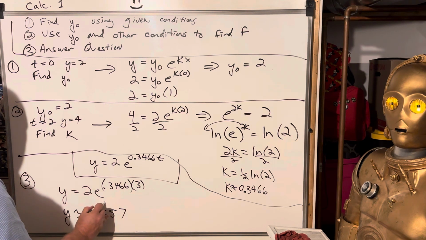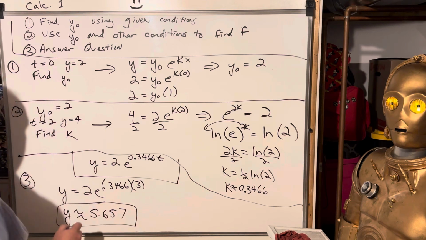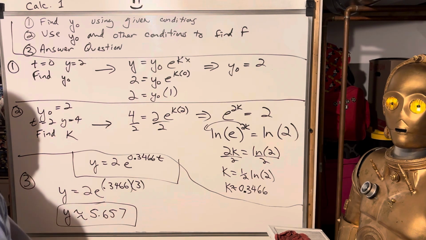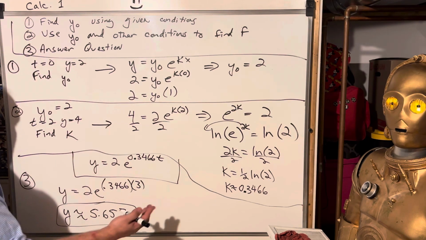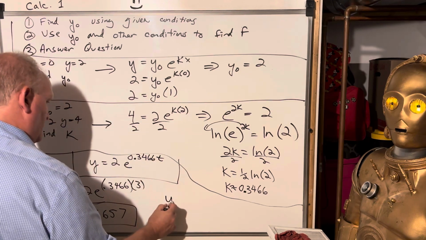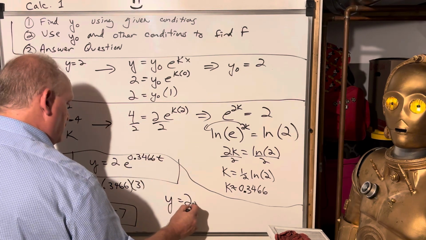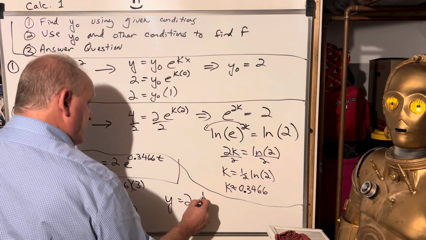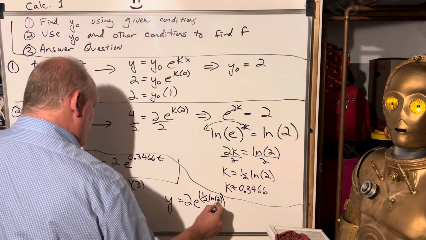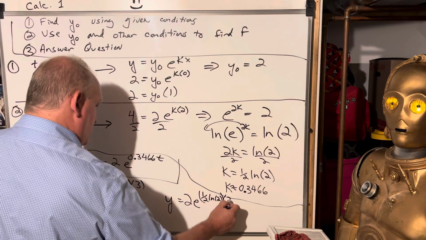All right. If you're taking the test and you're not using a calculator, that's fine. It's just you wouldn't put this answer down, obviously, because you're not going to have that stuff in your brain. What you would have put down would have been y is equal to 2e to the 1/2 ln 2 times 3 power.